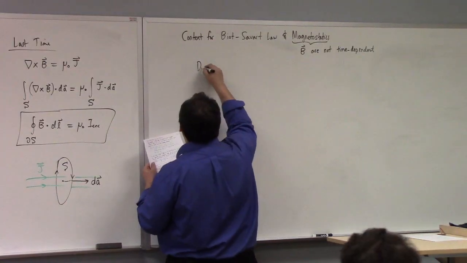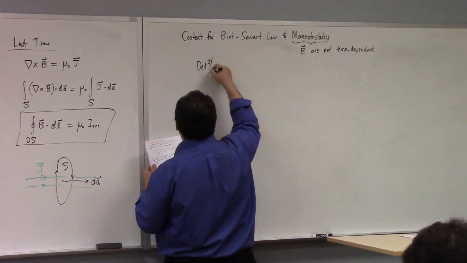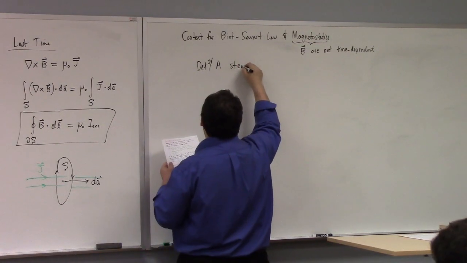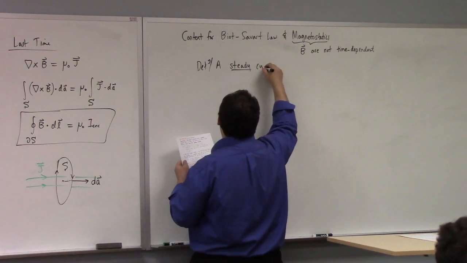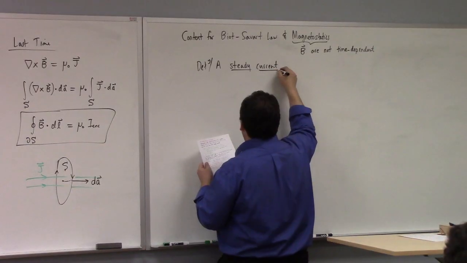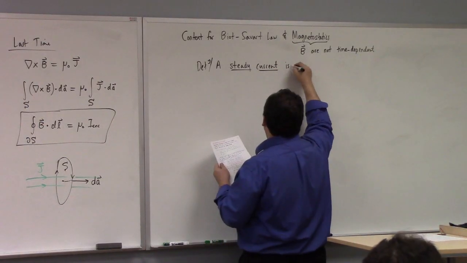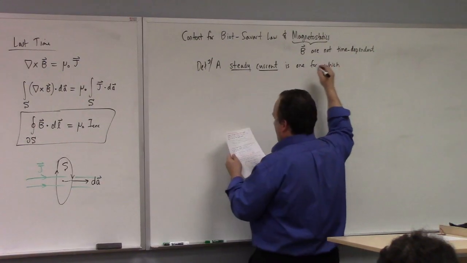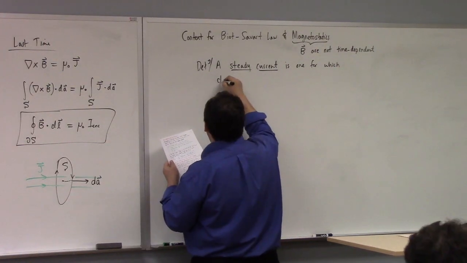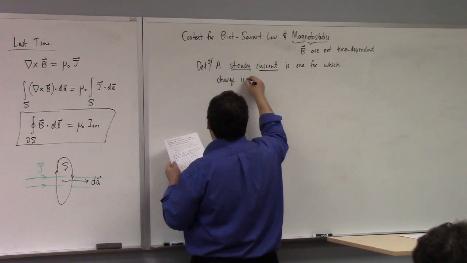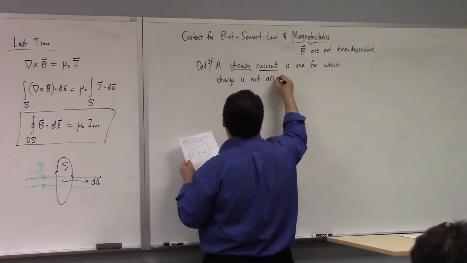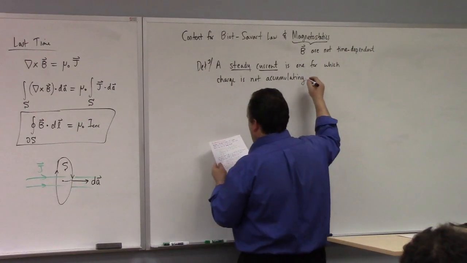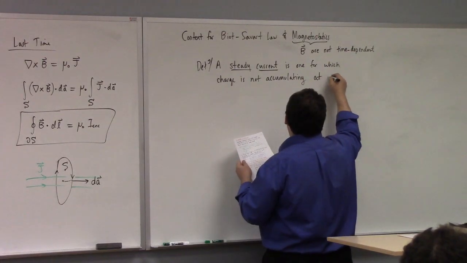And so here's essentially Griffiths' definition. A steady current is one for which charge is not accumulating at any point.